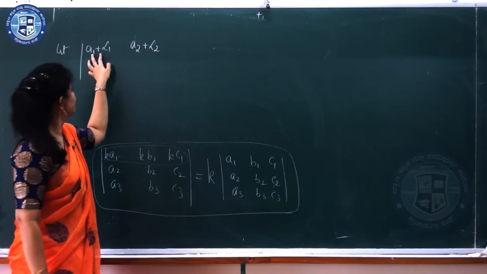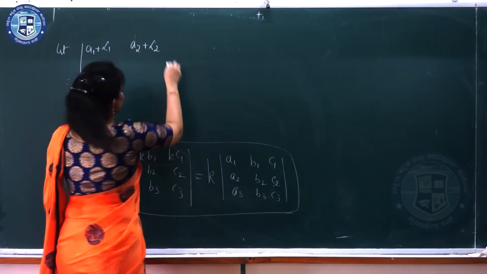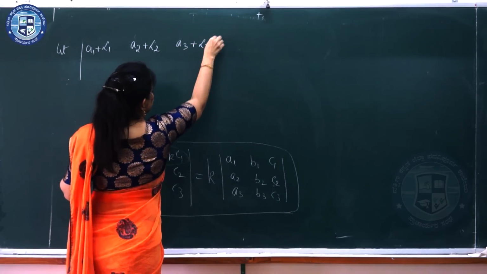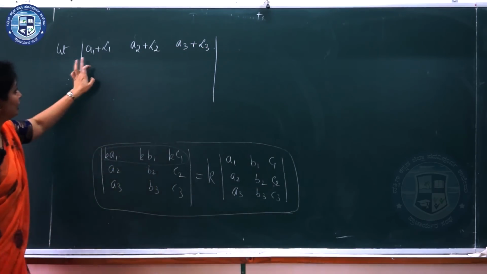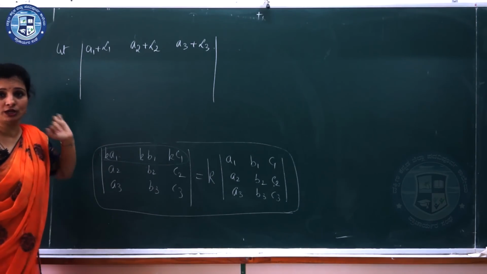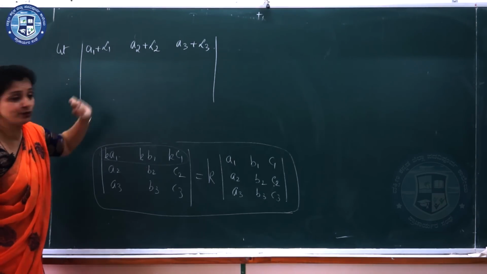Sum of 2 terms, right? Here the first element is the sum of A1 and alpha 1. The second element is A2 plus alpha 2. The third element is A3 plus alpha 3. The first row elements can be expressed as the sum of 2 terms.